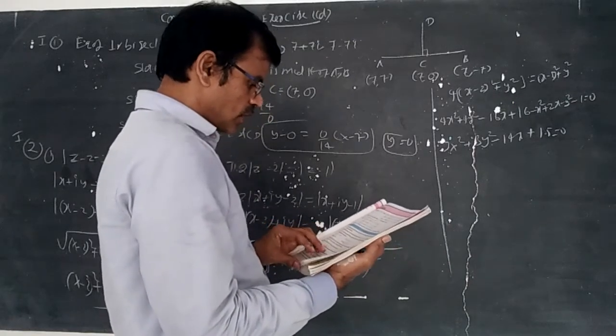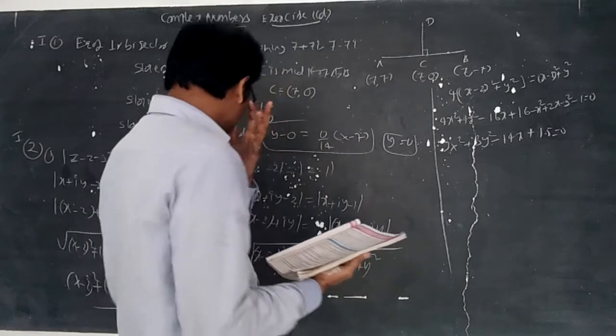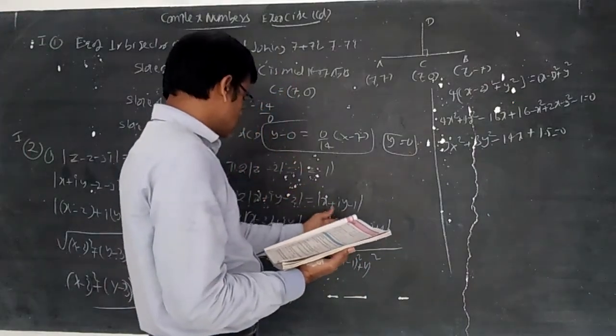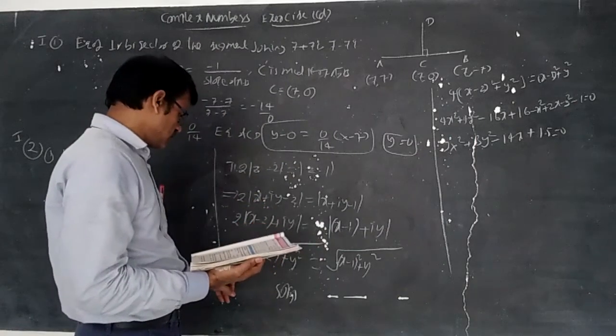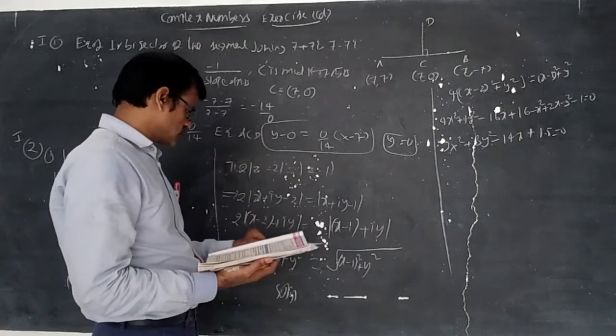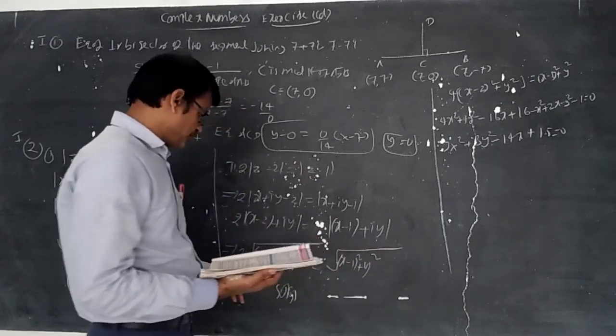2 into modulus of z minus 2 equal to modulus of z minus 1. So z is x plus iy: 2 into modulus of x plus iy minus 2 equals modulus of x plus iy minus 1. 2 into root of (x minus 2) whole square plus y square is equal to root of (x minus 1) whole square plus y square.